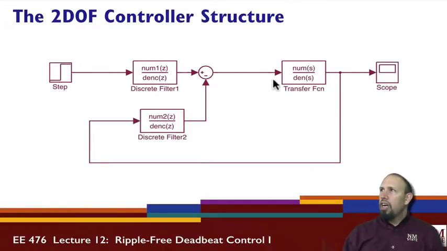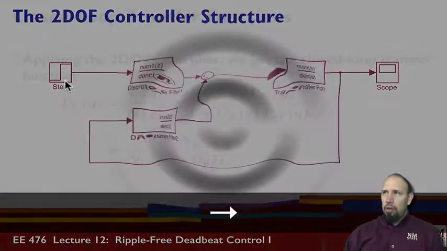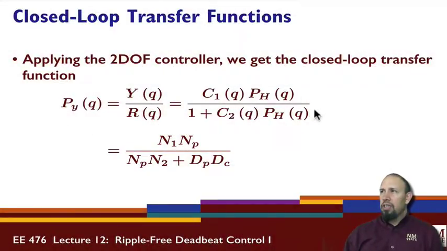Well, this is R, this is Y, and if I define this signal here, this is actually the control signal U. U is equal to C1 times R minus C2 times Y, and Y is equal to P times U. So I have those two equations. From those two equations, I can solve for Y in terms of R. And when I do that, I get this expression.